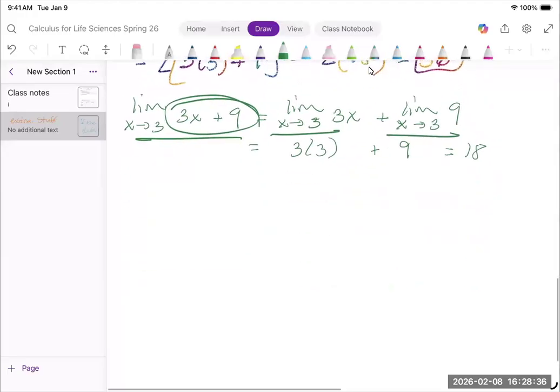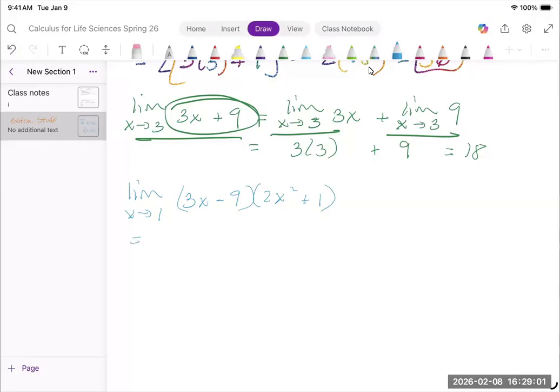So let's say I have the limit as x approaches, let's go with a different number, 1, of 3x minus 9 times 2x squared plus 1.